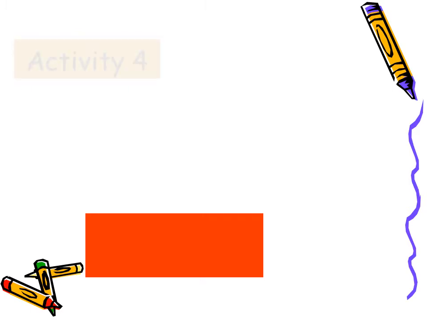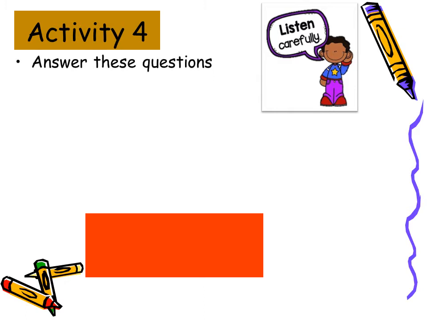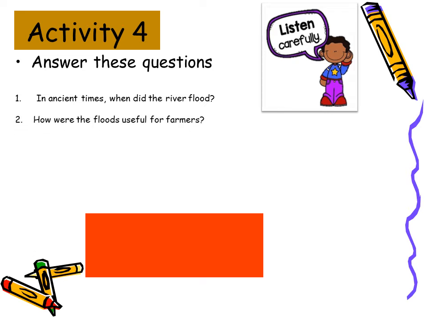Now let's move on to activity 4. Please listen to the track 5 and now you should be able to answer these questions. Number 1. In ancient times, when did the river flood?